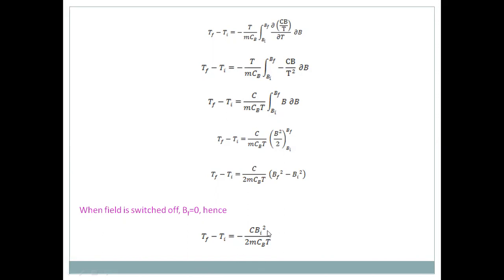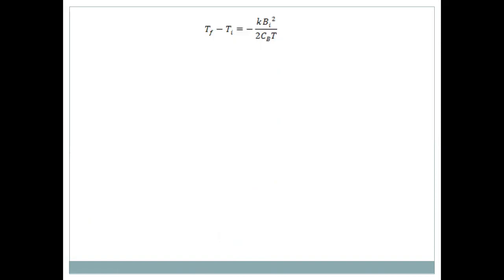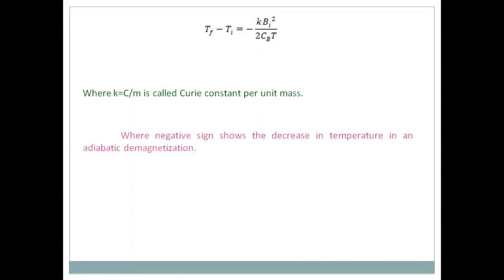When the intensity of magnetic field increases, the fall in temperature also increases. And this fall in temperature depends on the initial temperature also. If the initial temperature is very low, the fall in temperature is very good. So by using this equation, we can determine the change in temperature or fall in temperature in adiabatic demagnetization.